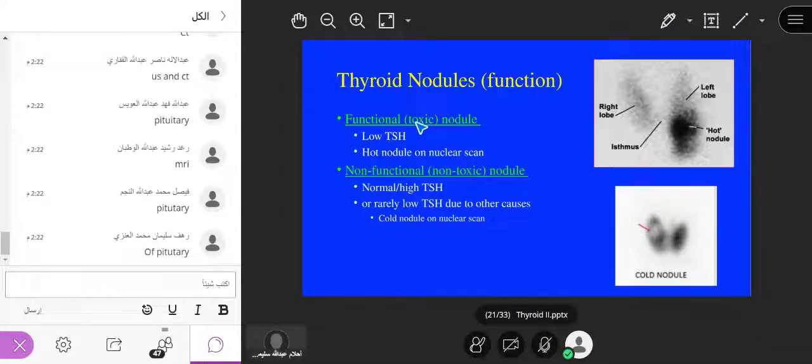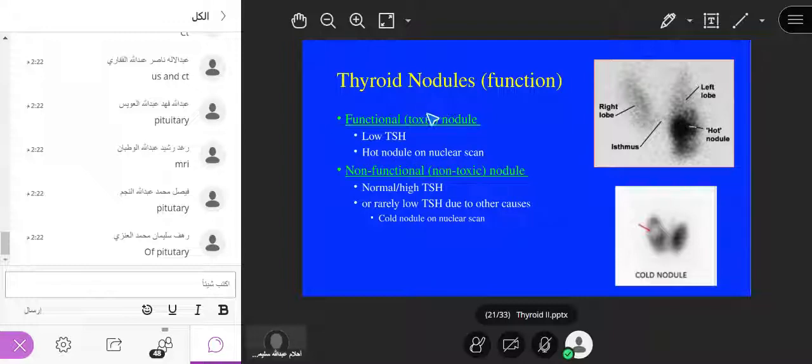So let's come to the functioning thyroid nodules, according to the function. If I have a functional thyroid nodule, the other name is toxic. Why toxic? Because it produces extra thyroid hormone. So what would be the labs with this toxic nodule? It is a form of primary hyperthyroidism, so the TSH will be low and the thyroid hormones will be high, or normal if it's subclinical.